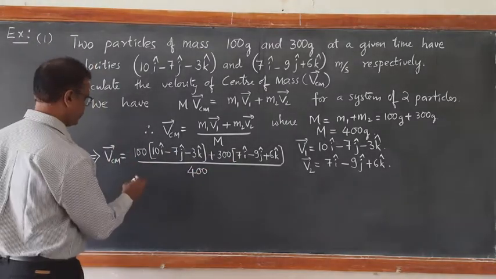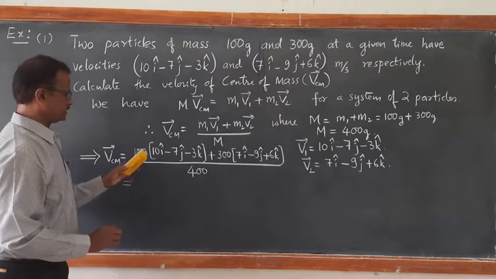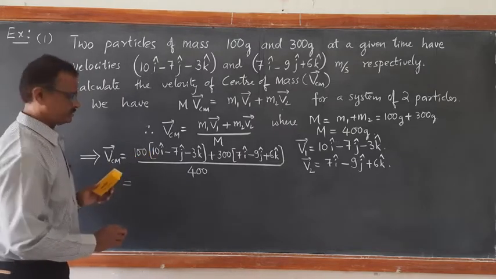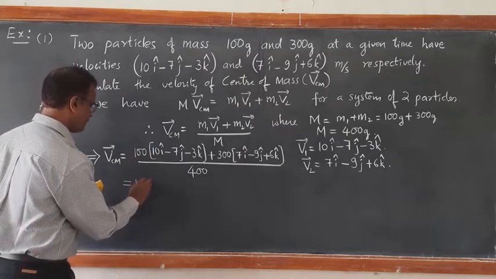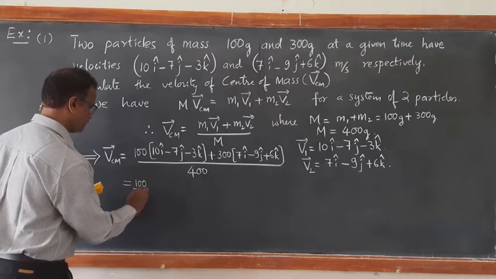So now you take out the common. If you take out 100 as the common, then 100 divided by 400.